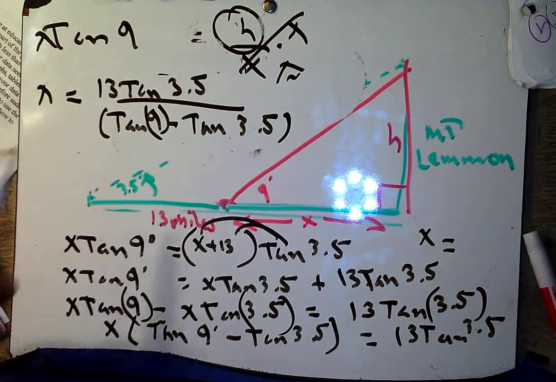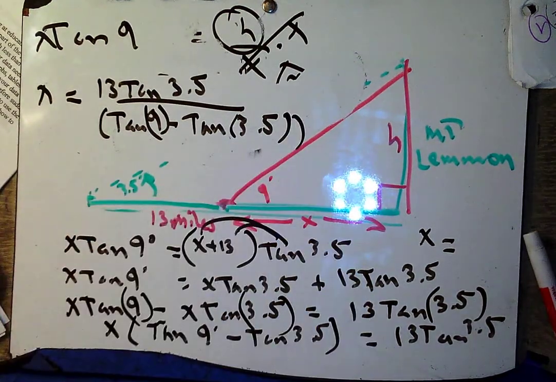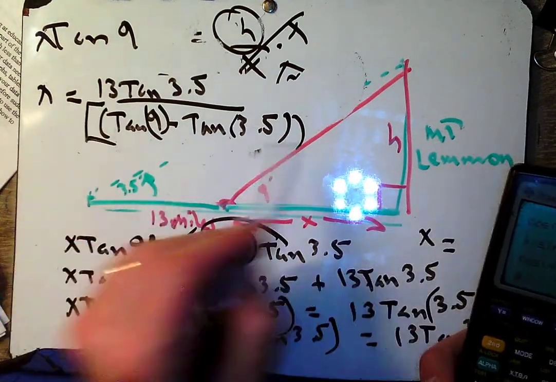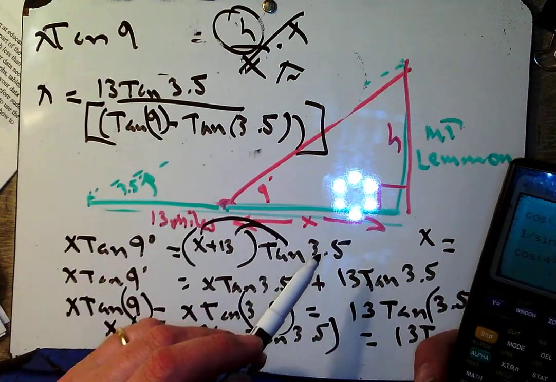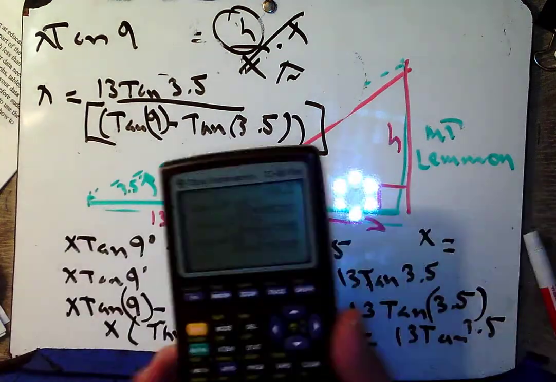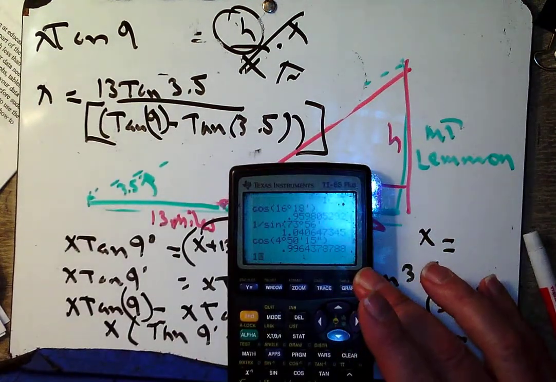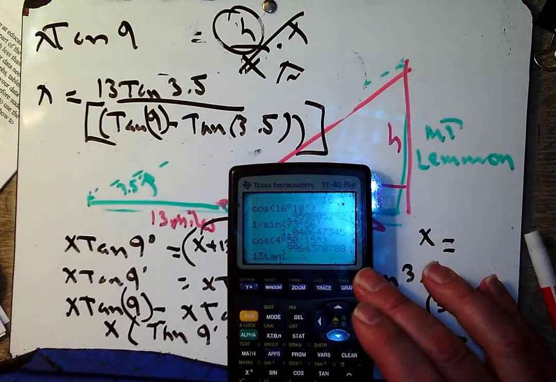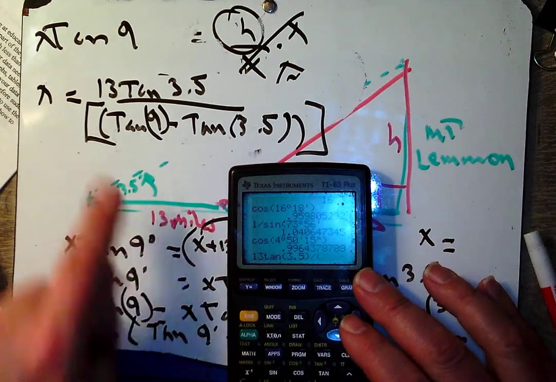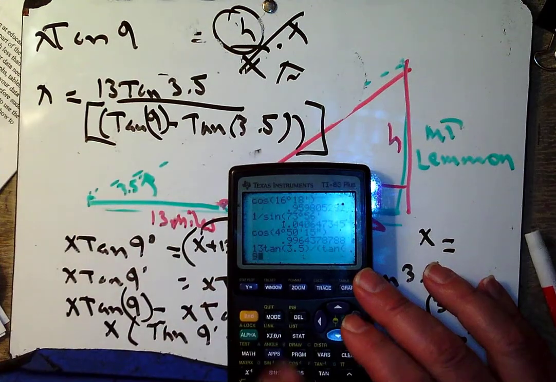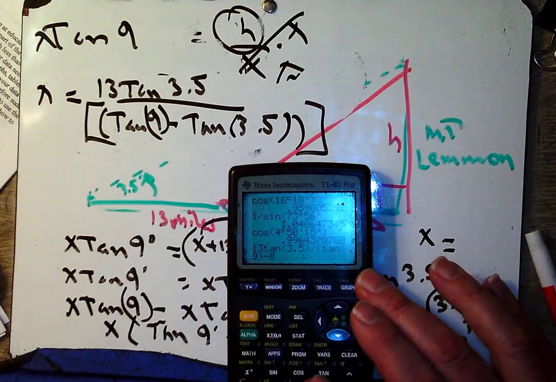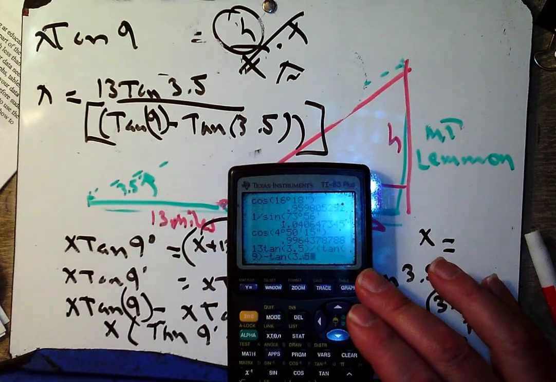So let's pull out our calculator. Remember, everything in the denominator has to be in parentheses. Like, I want to divide this by all of this stuff. So I'm going to have 13 tangent 3.5 divided by parentheses, tangent 9, don't forget to close that parenthesis, minus tangent 3.5.